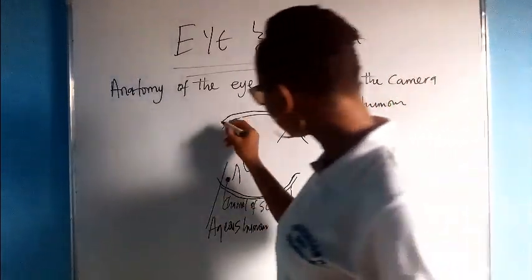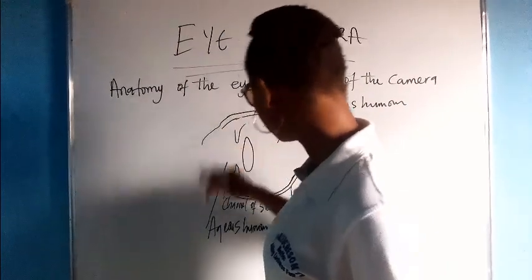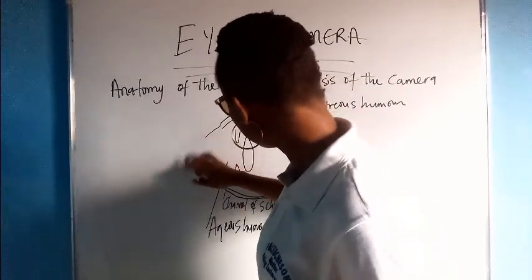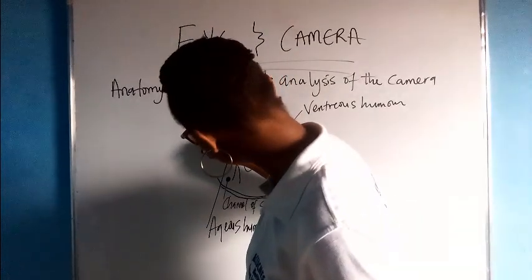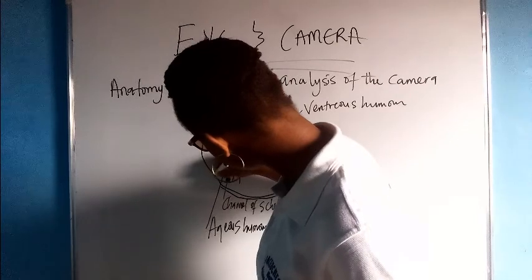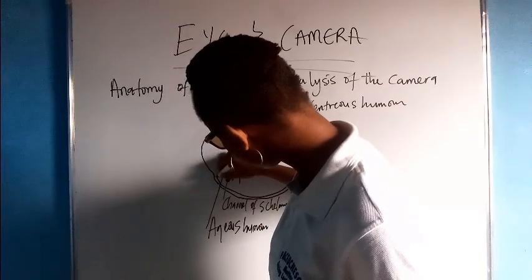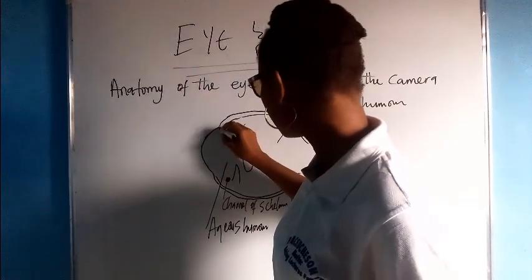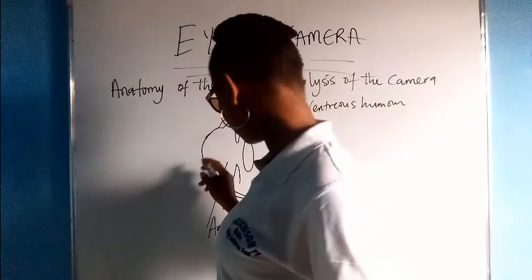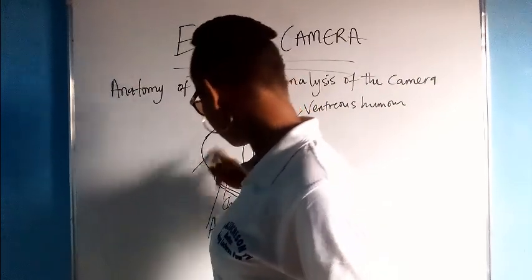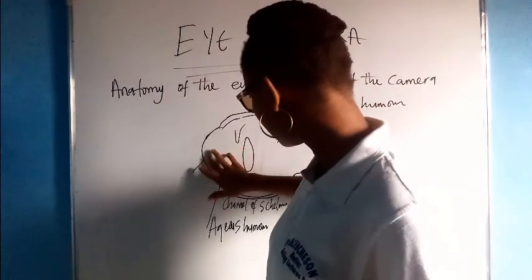The sclera is continued with a dome-like structure called the cornea.